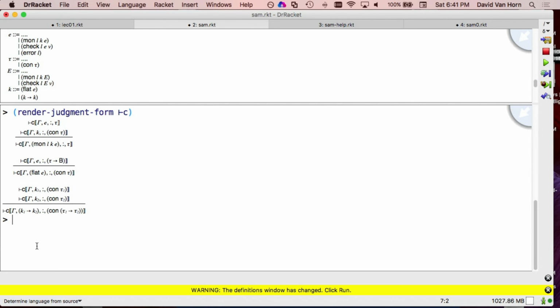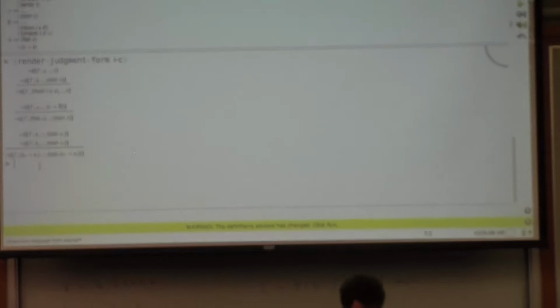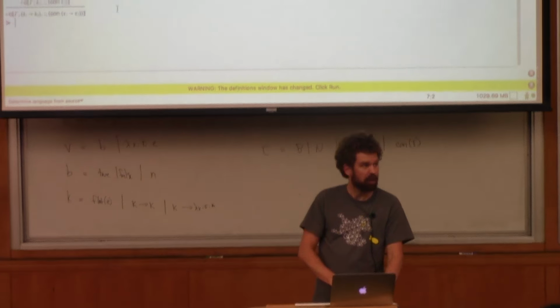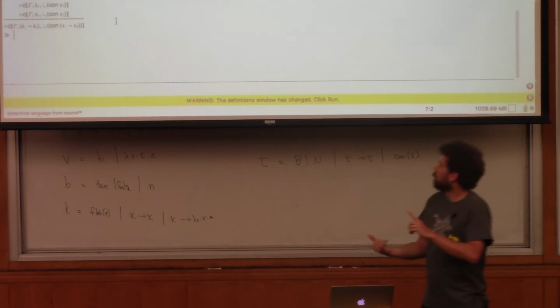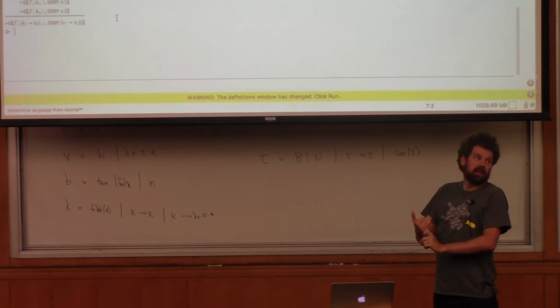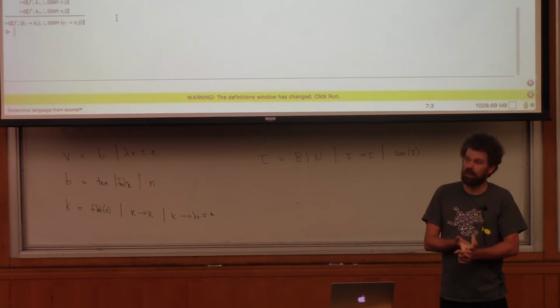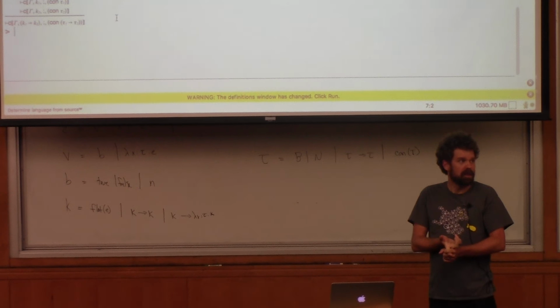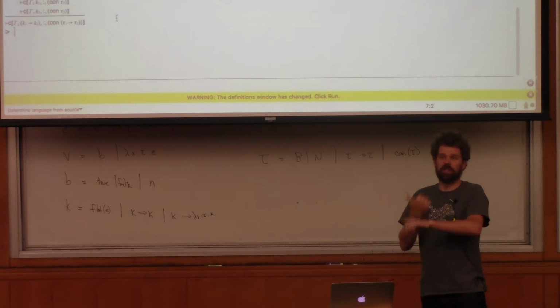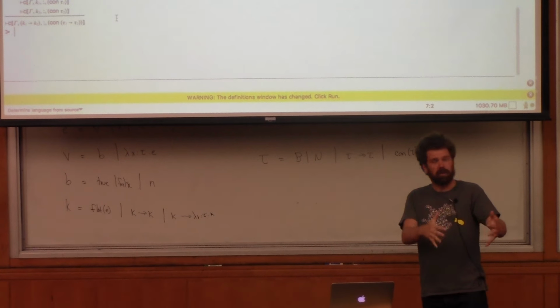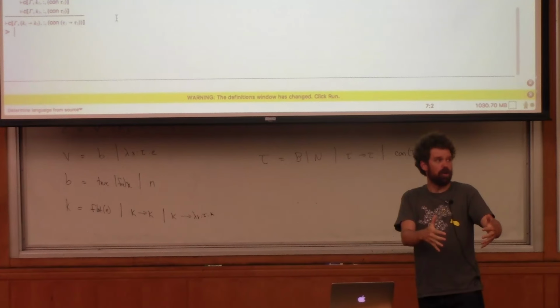If you want to see good examples of this, Asumu Takikawa has nice papers with all Redex generated figures. So you can write it in Redex, you can make examples, you can write unit tests, you can actually do property-based random testing of your semantics, and then you can just generate the figures for your paper right off of the actual code that you've tested.